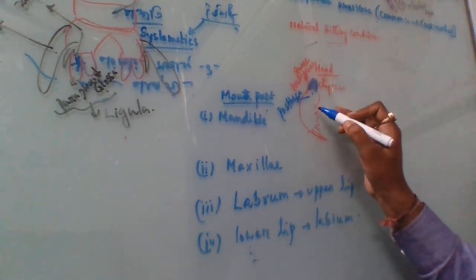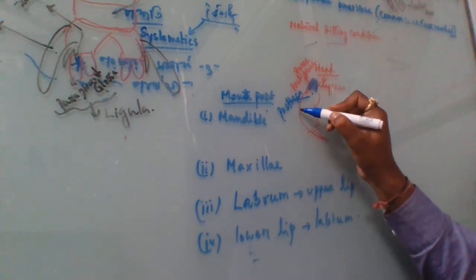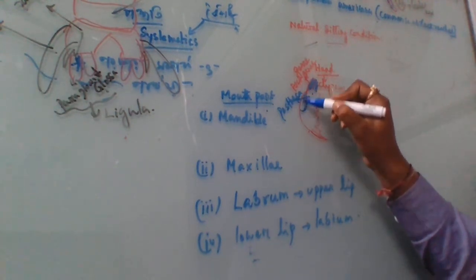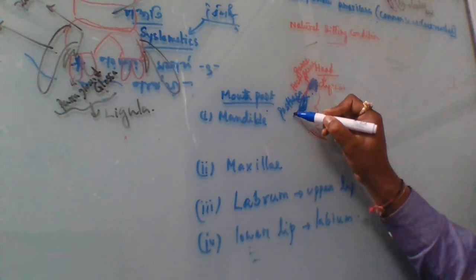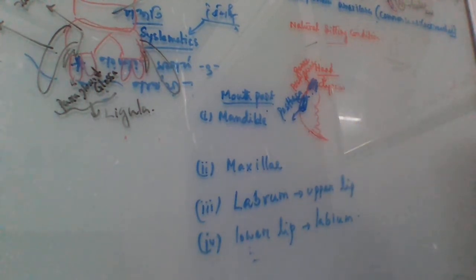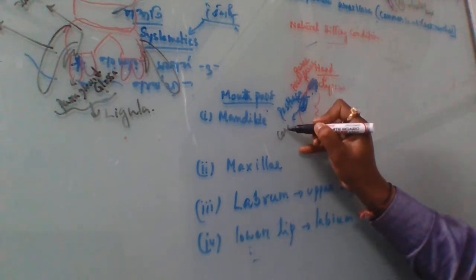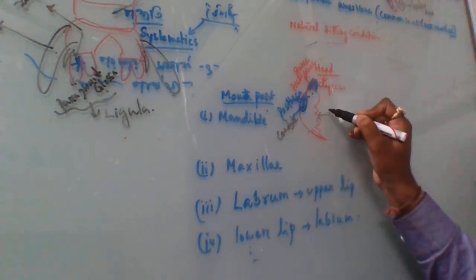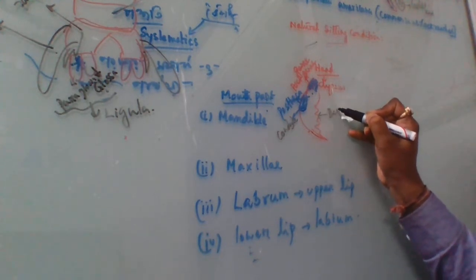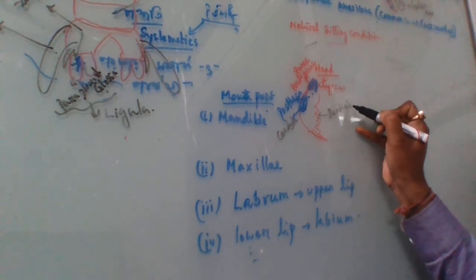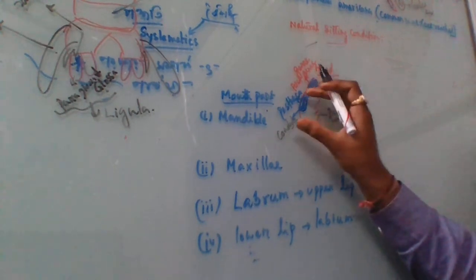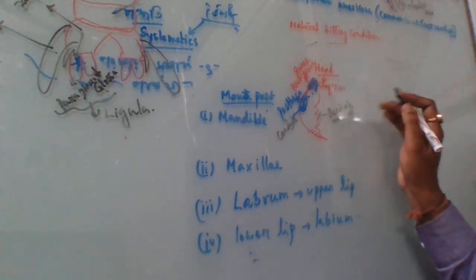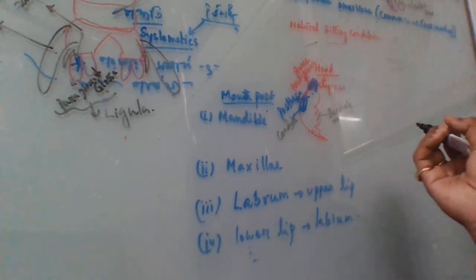Then you have a condyle, at this region. It is called the condyle, and these are denticles. All three parts are very hard because they are sclerites in nature.